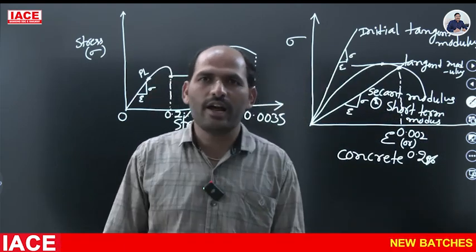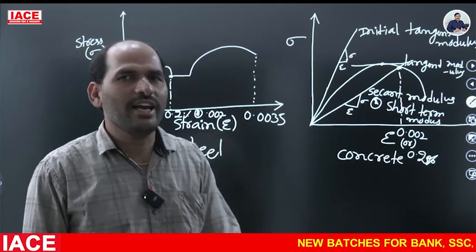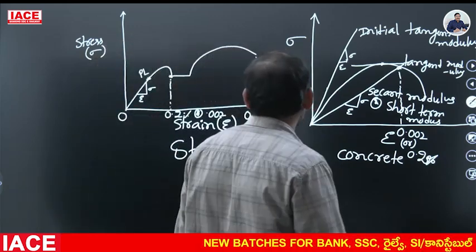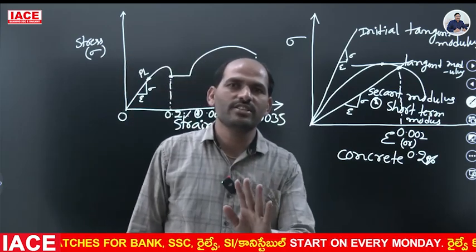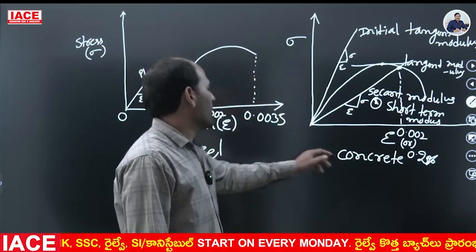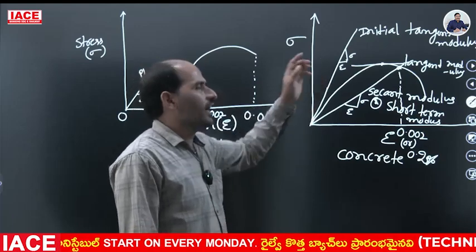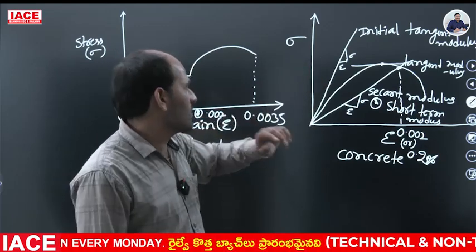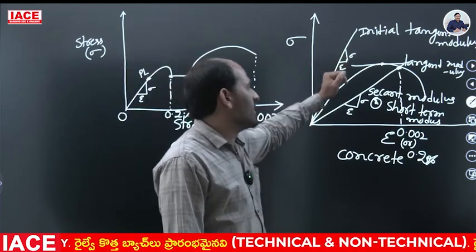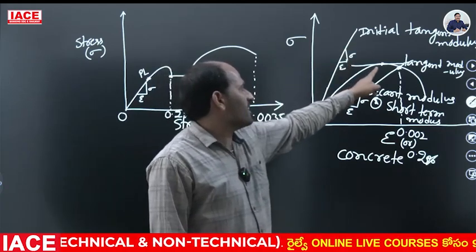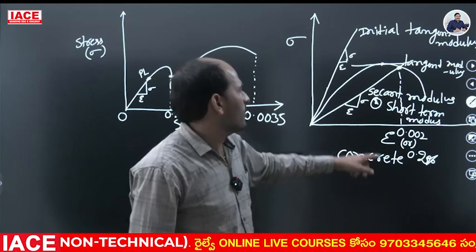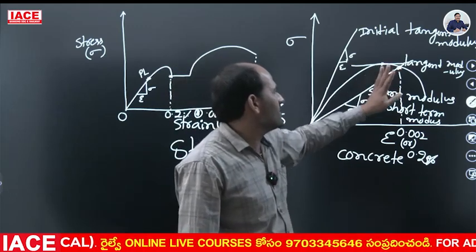The third drawback is that because of the non-linear stress and strain curve and creep of the concrete, there is no definite modulus of elasticity. That's why we take the tangent. First we take the tangent here, which is called the initial tangent. We take the tangent on the graph, which we call the tangent modulus.